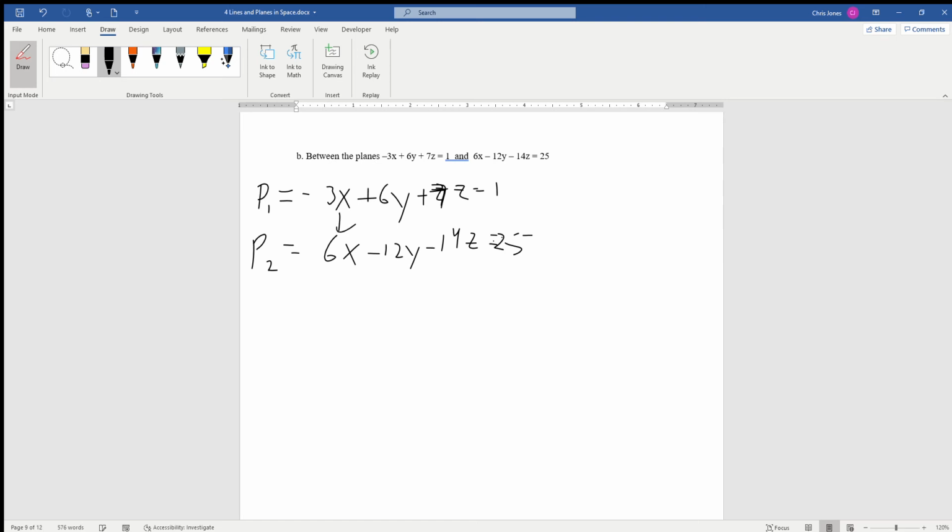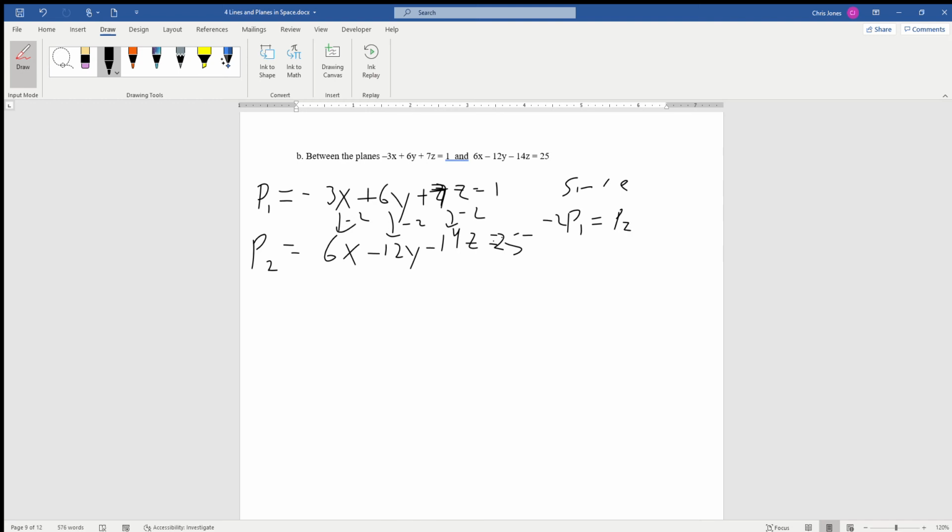And I want you to notice that each of the coefficients of P1, if multiplied by negative 2, would equal the coefficients of plane 2, which means that the normal vectors are parallel to one another, which means that the planes are parallel. So since negative 2 P1 is equal to P2, except for the constants, which we don't really care about.